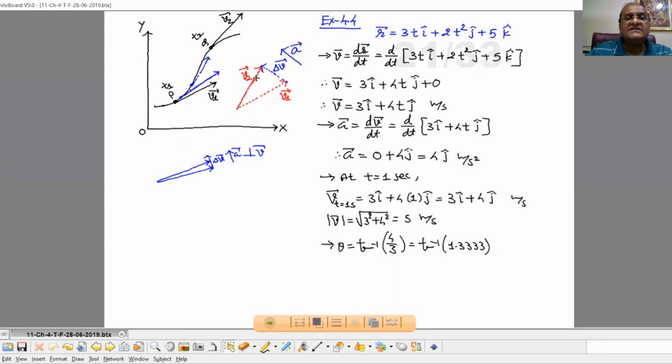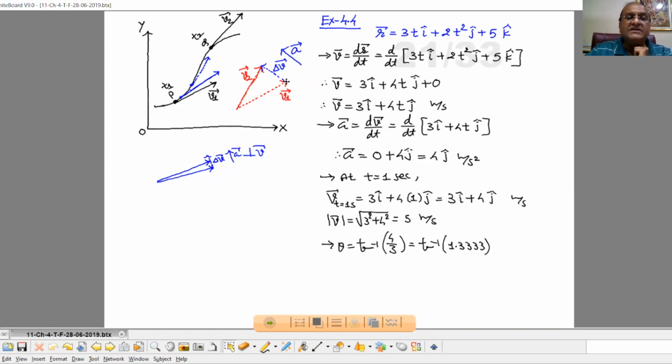So this is vector v2. Now delta v, the change in velocity, is v2 minus v1, and that vector will be in this direction.